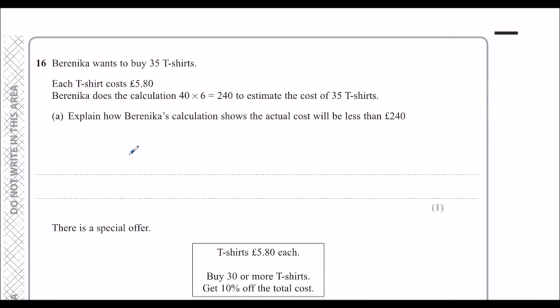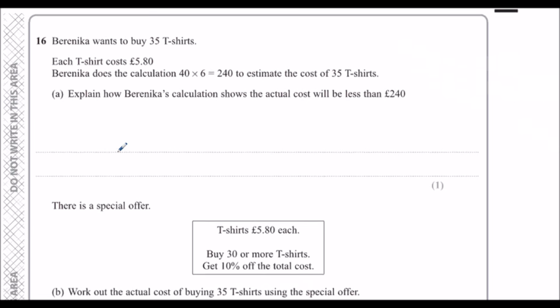Explain how Berenica's calculation shows the actual cost will be less than £240. So we've rounded up £5.80 to 6, and we've rounded up 35 to 40.